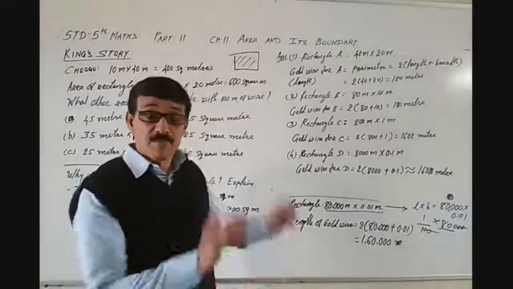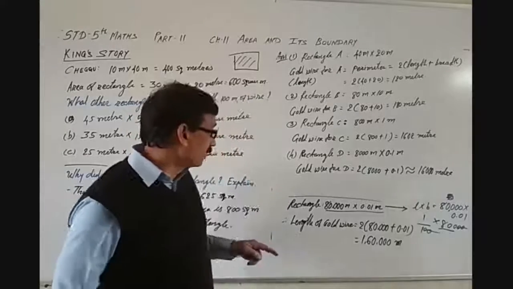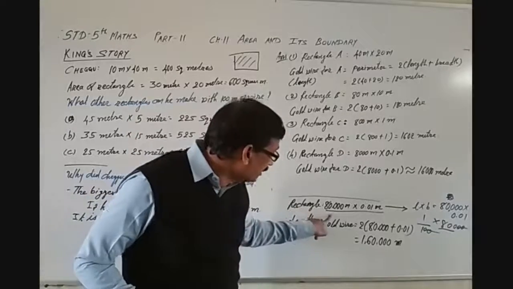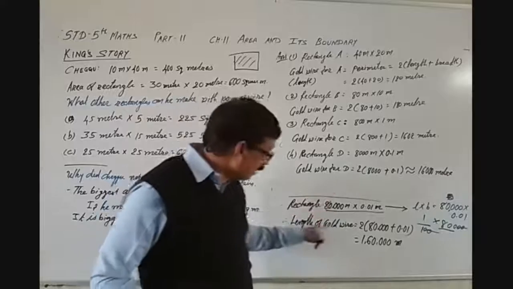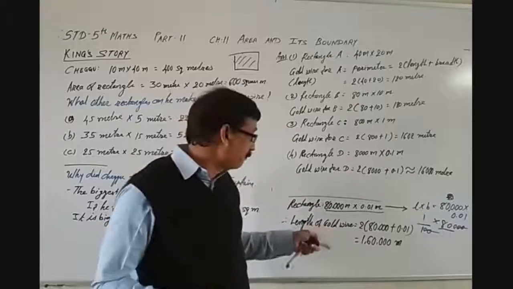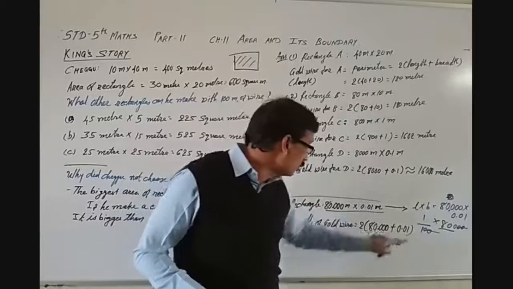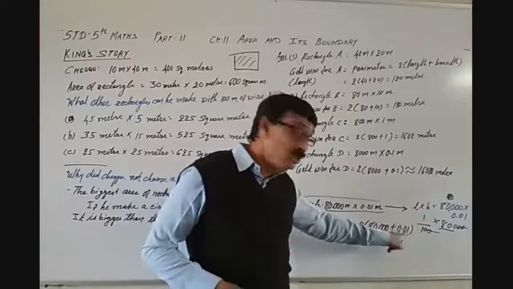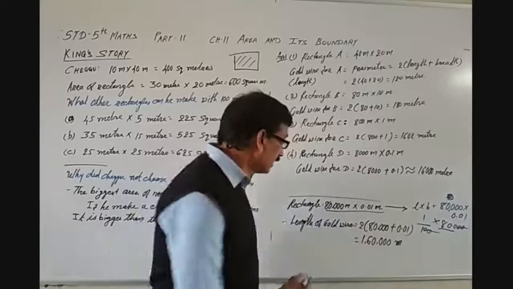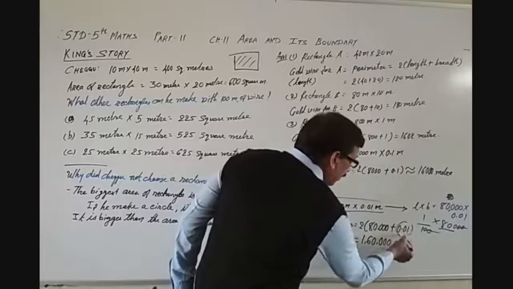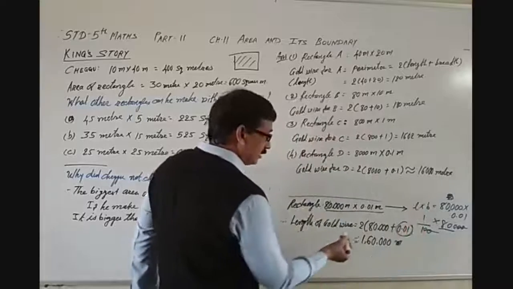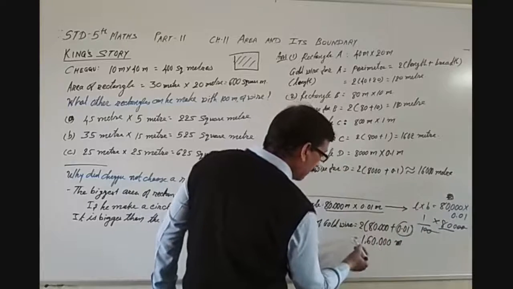But think about the boundary. It is 80,000 meters plus, as the boundary is for 10 meters, 80,000 plus 0.01, that is 1 centimeter, 0.01 meter. So it is, let it be aside, then 80,000 multiplied by 2.